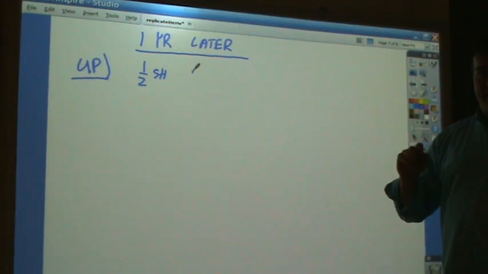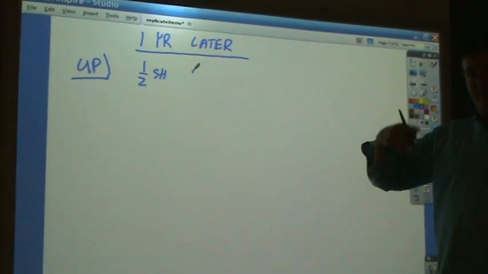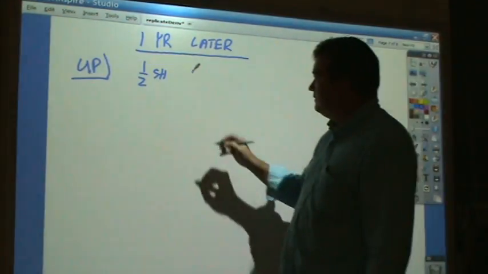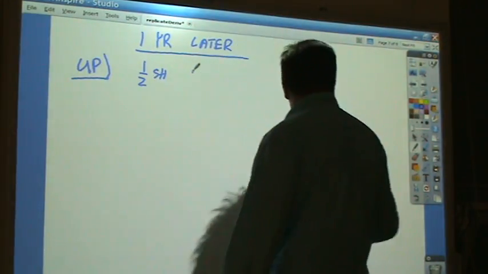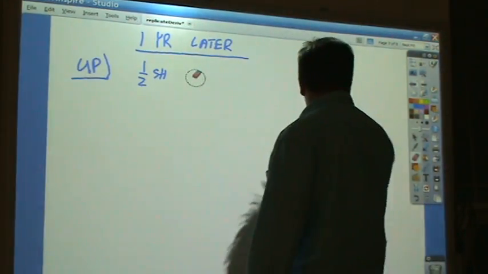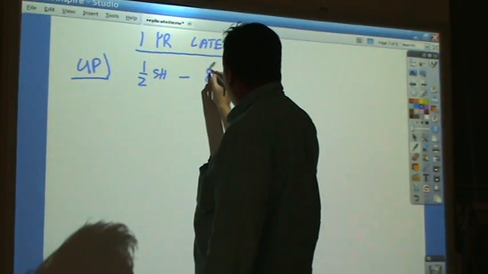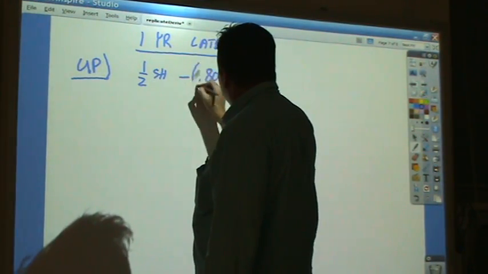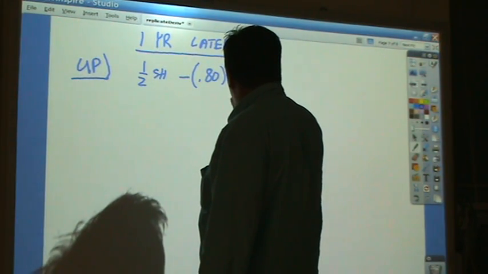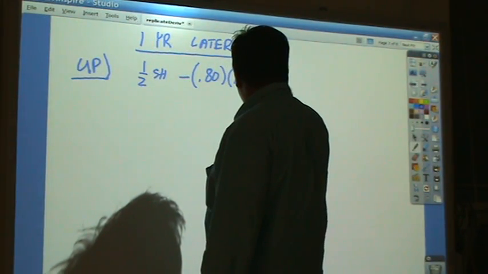We would owe 80 cents plus 25% interest. So we would have 1/2 share minus 80 cents times 1 plus 0.25.